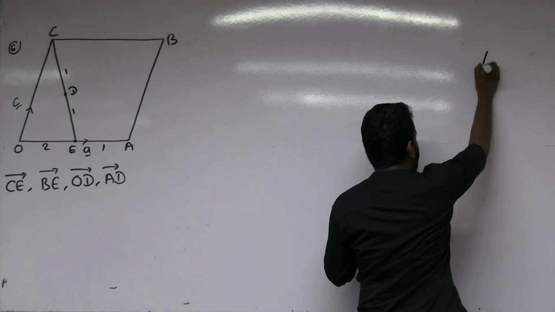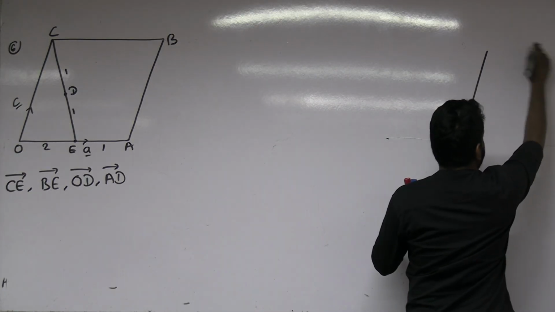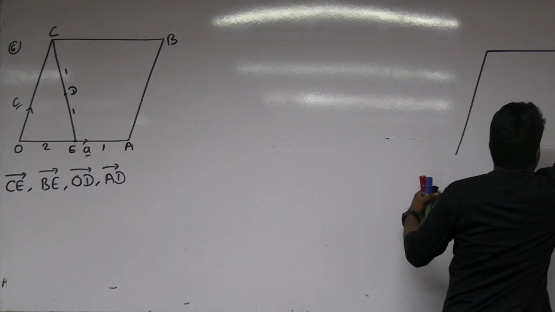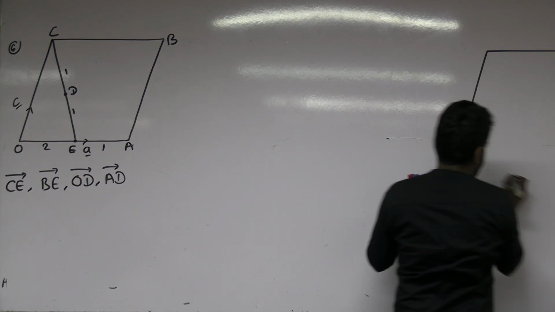Now they say OABC is a parallelogram, rather it's a quadrilateral, so you don't have any parallel sides here.